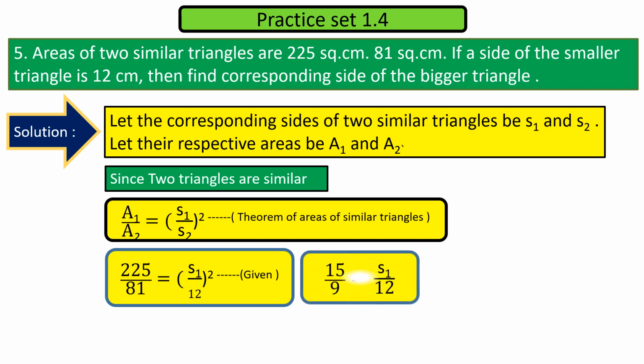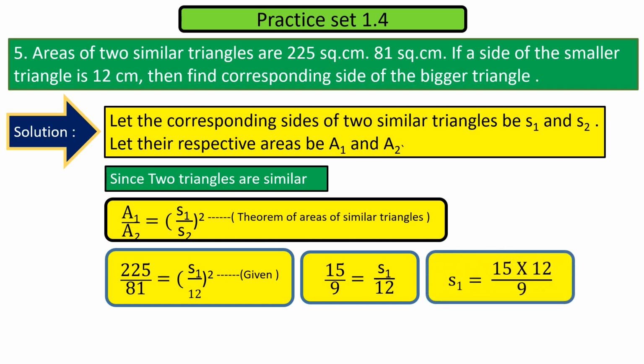So this will give me 15 upon 9 is equals to S1 upon 12. Therefore the value of S1 will be 15 into 12 upon 9. So that gives me the value of S1, which is the side of the bigger triangle, 20 units. You will write units there.